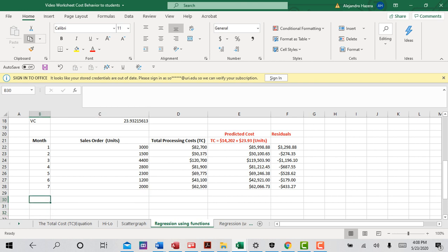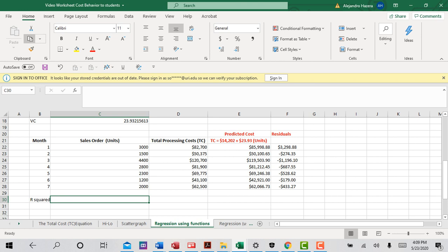Okay, and then there's also a statistic you'll read about in the book called R squared. And in loose terms, R squared tells you the percentage of variation in the dependent variable that is explained by changes in the independent variable.